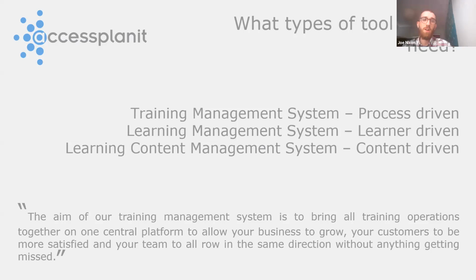In terms of how to prioritize which tool to look for, it completely depends on each and every one of your businesses and where you feel you need help. If you are looking for a system to help streamline and reduce the spend on administration and processes, then a training management solution is absolutely right for you.